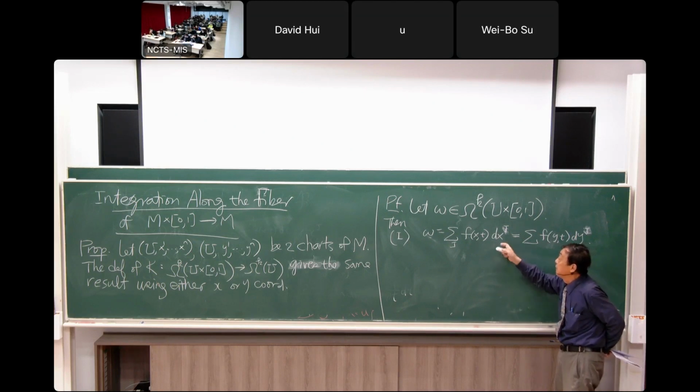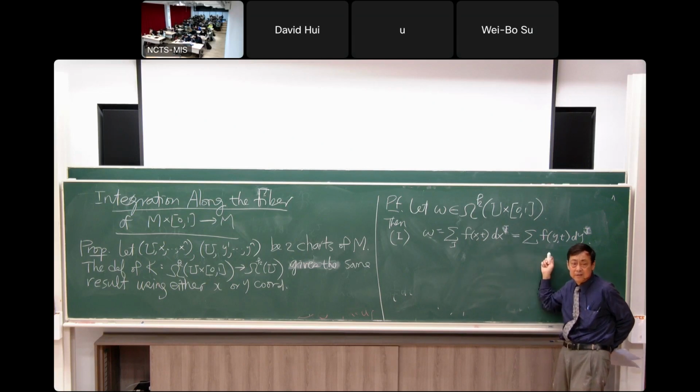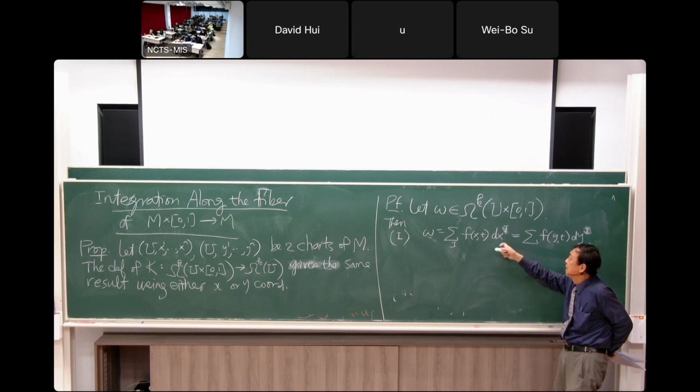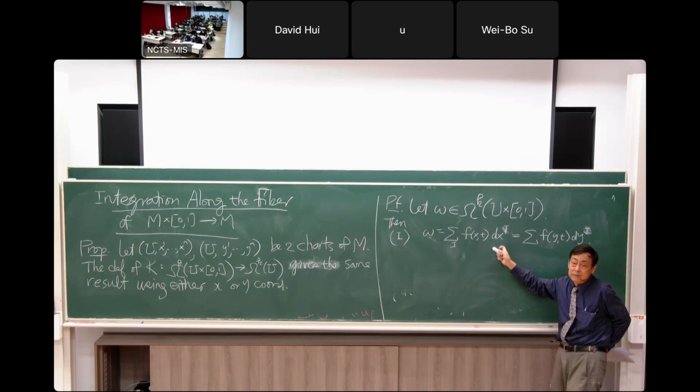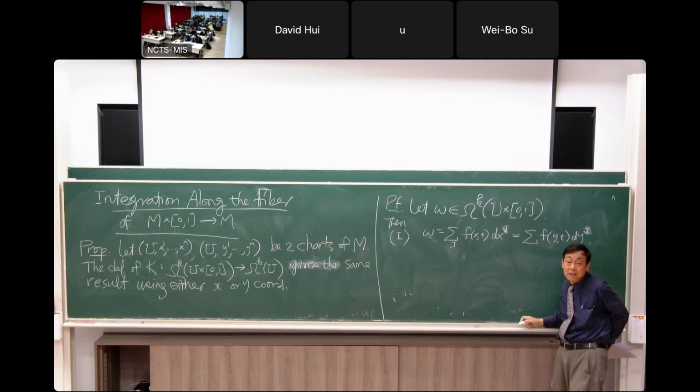Well, you see, if it has no dt in one coordinate system, it has no dt in the other coordinate system, because there's a formula that transforms dxi to dxj to dyi, right? And that doesn't involve any dt's, okay?